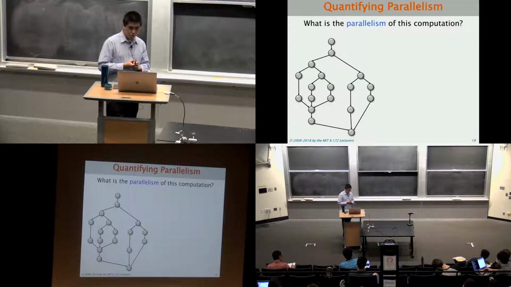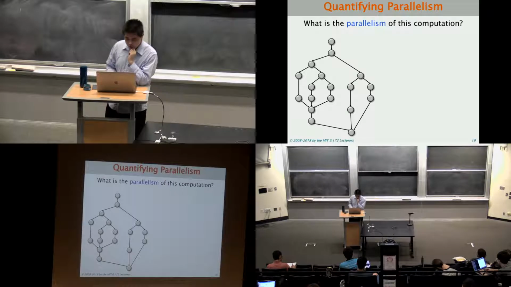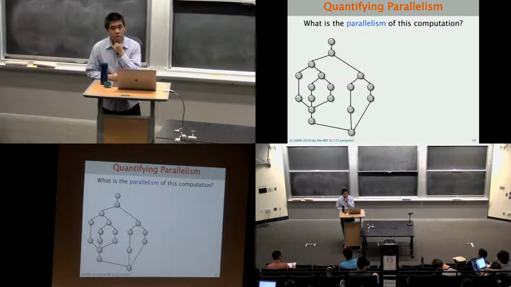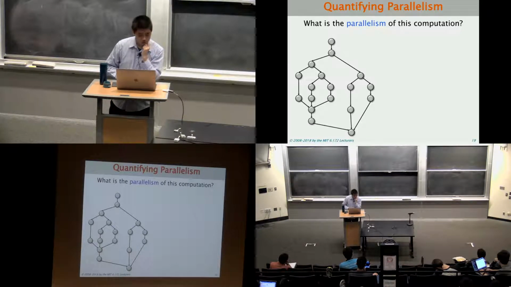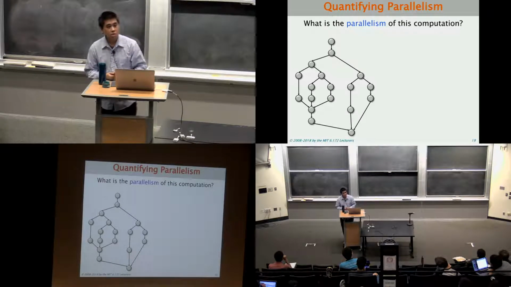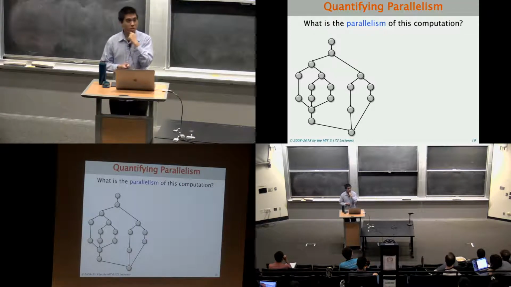OK, so let's try to quantify the parallelism in this computation here. So how many of these nodes have to be executed sequentially? It turns out to be less than 9. Less than 7.